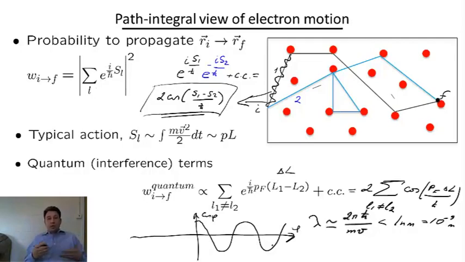And if this phase is completely random, the average value of the cosine is going to be 0. So the terms with different signs of cosine basically cancel each other out, and this is exactly what happens with quantum interference terms. And so seemingly classical physics survives, and we can just completely forget about this quantum interference phenomenon.